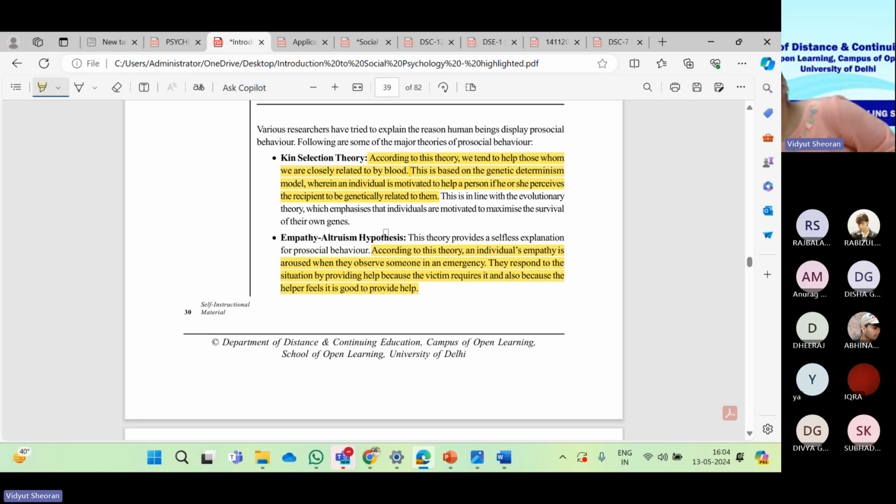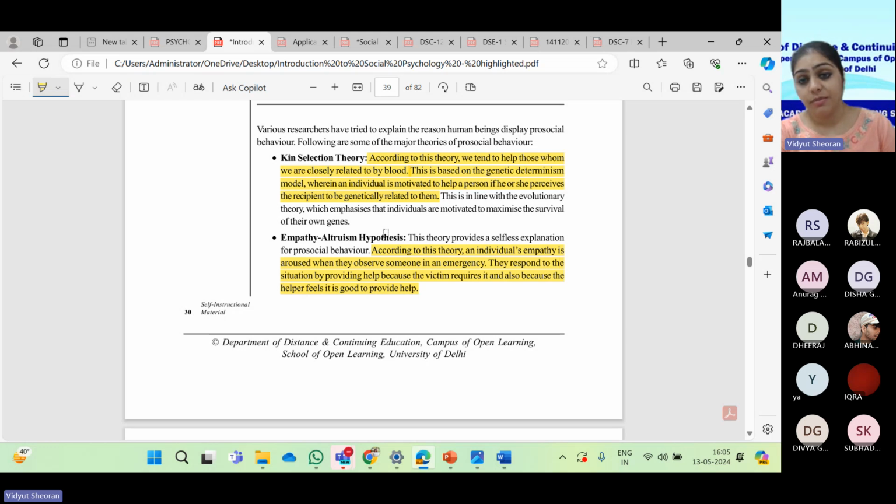According to this theory, an individual's empathy is aroused when they observe someone in an emergency. Empathy means when you can put yourself in someone else's situation and feel for that person. आप अपने आप को किसी और के सिचुएशन में डालें और उसकी मुश्किलों को अपनी मुश्किलों की तरह समझ के काम करें.